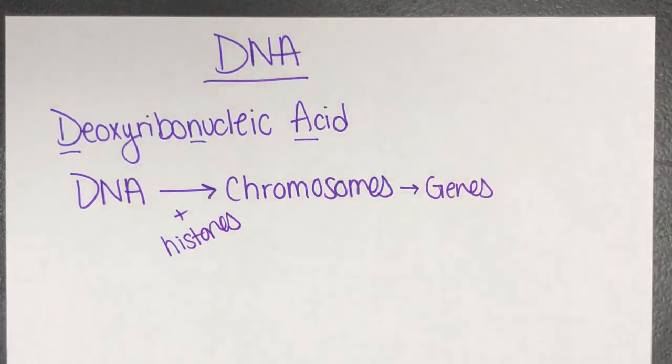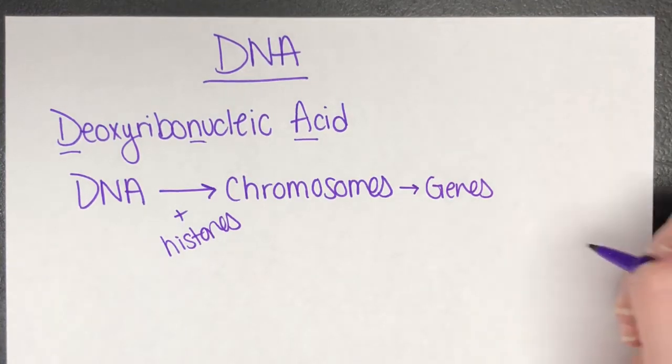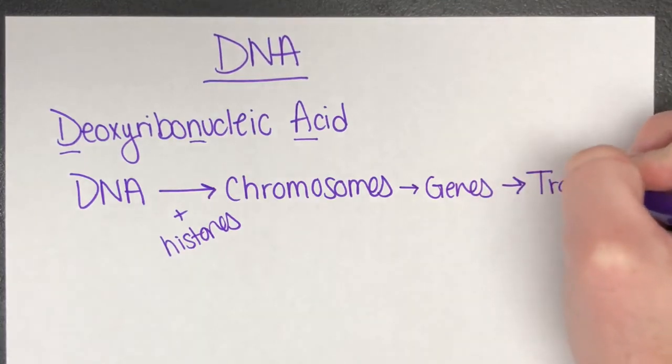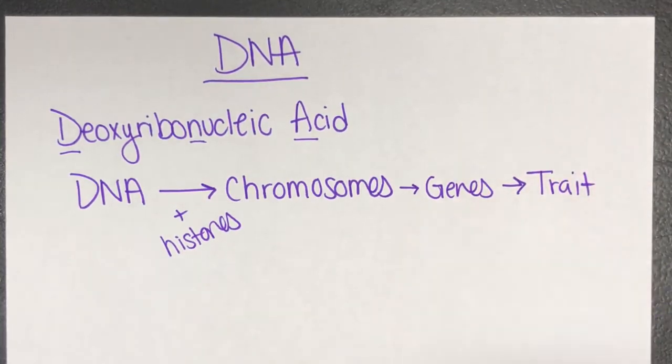Genes are a segment of DNA that codes for a particular protein, which in turn codes for a trait. So we have genes like for hair color, eye color, height, etc. The trait being the hair color you get, brown, blonde, red, or eye color you get, blue, green, brown, and whatever height you end up being.